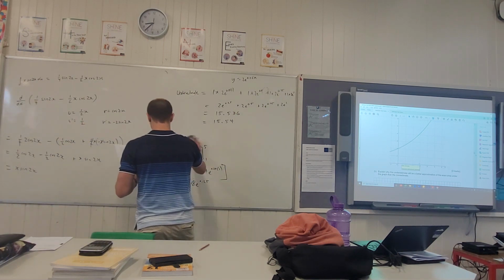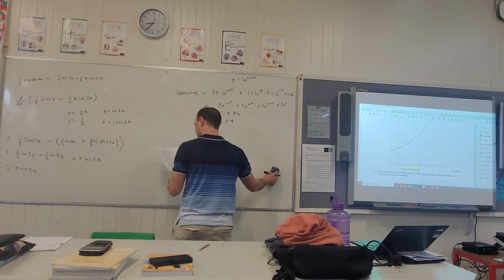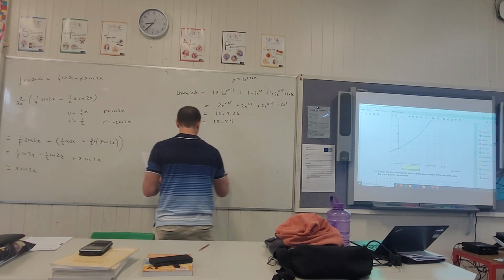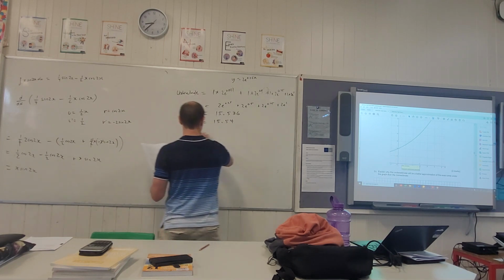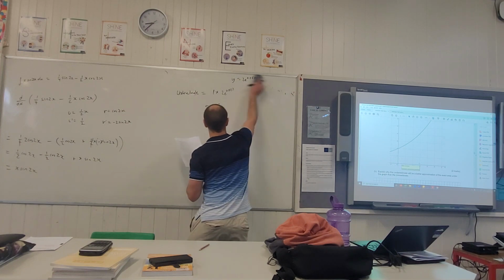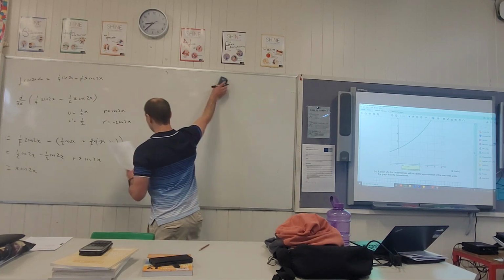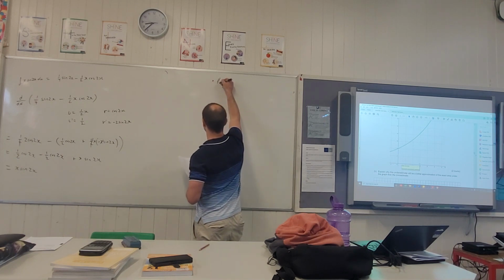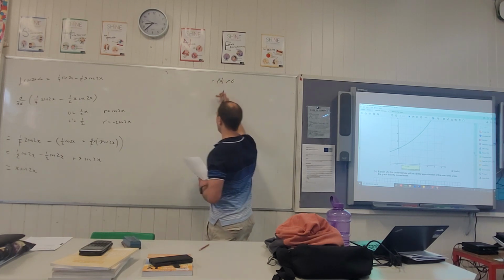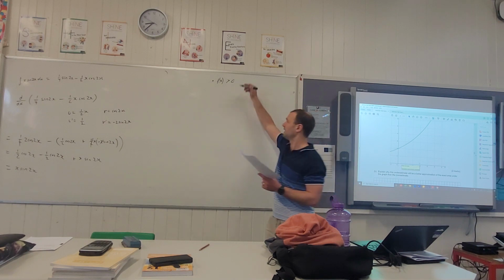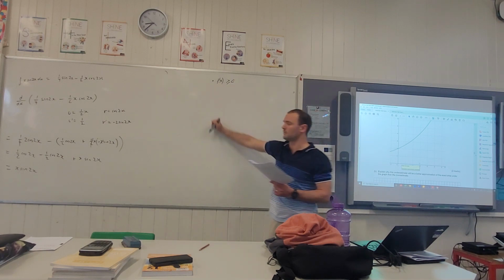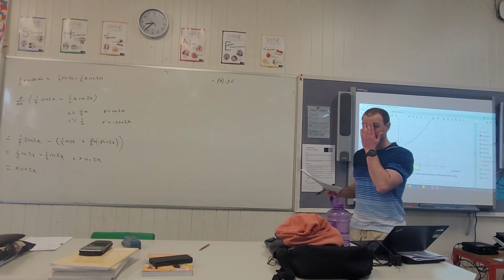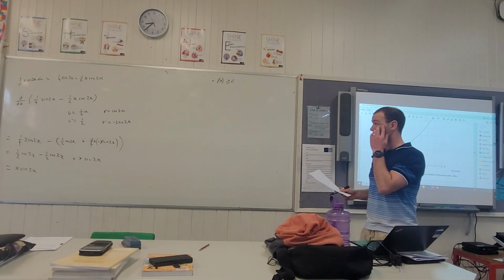Explain why sine 2x from 0 to pi on 2 can be a valid probability density function. For a valid probability density function, there are 2 properties. The first one is that the function has to be greater than or equal to 0. We can have 0 probability, but we can't have negative probabilities occurring.